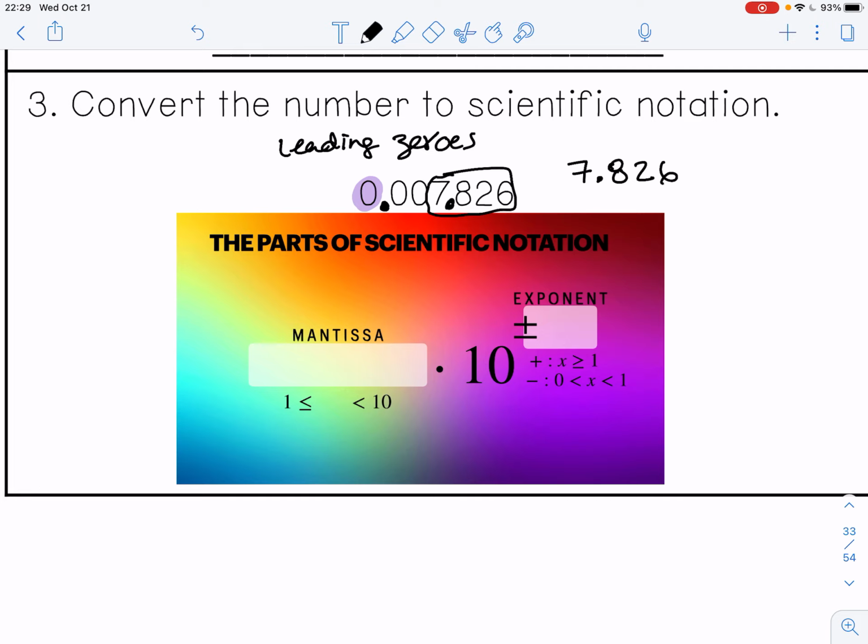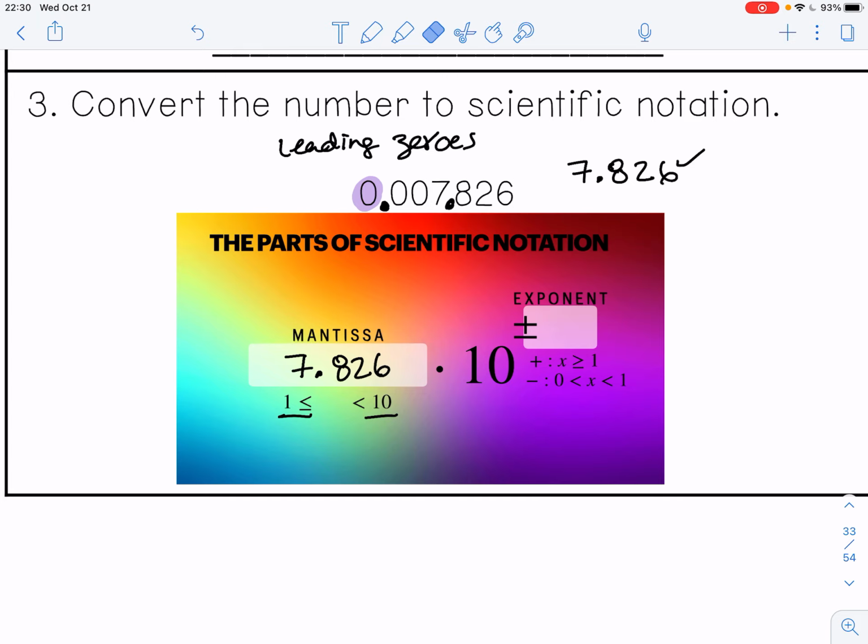Is 7.826 between 1 and 10? Yes, it is. So that's what our mantissa is going to be, 7.826. I don't have to write our leading zeros, just the important numbers, the non-zero numbers. Okay, so that was our mantissa.